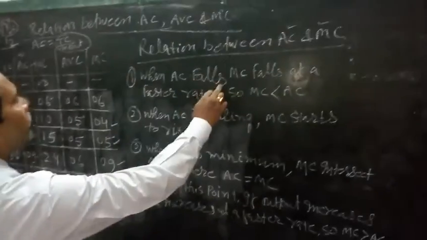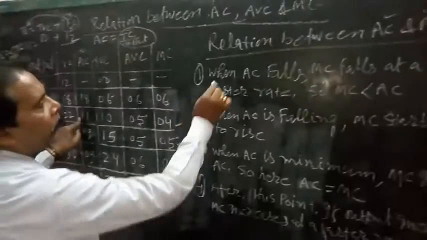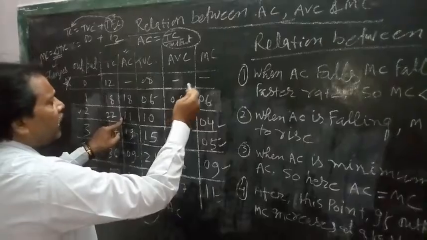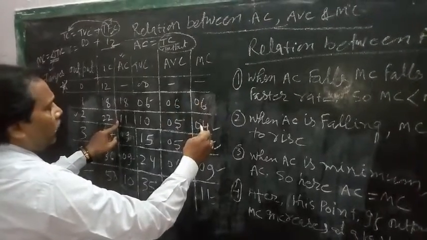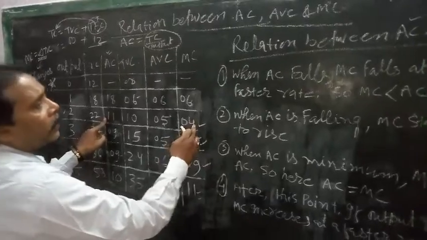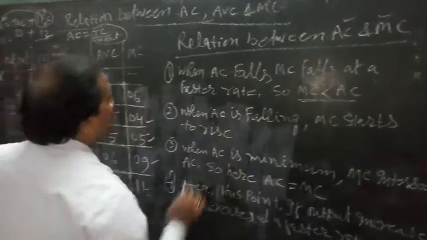When AC falls, look here, when AC falls, 18 to 11, MC falls at a faster rate. So here, that is 6 and 4. You find that MC is falling at a faster rate. That's why MC is less than AC.